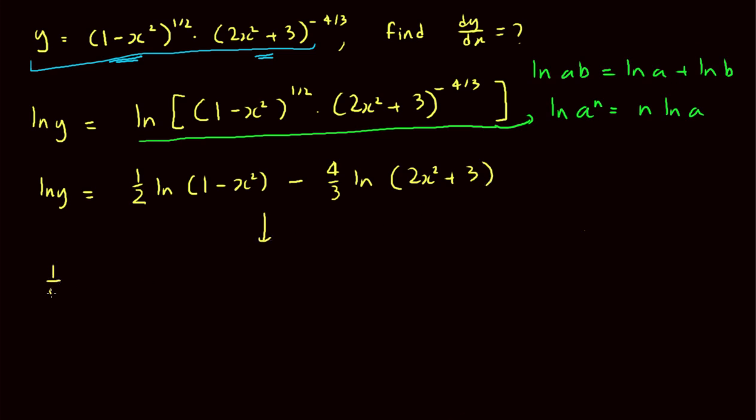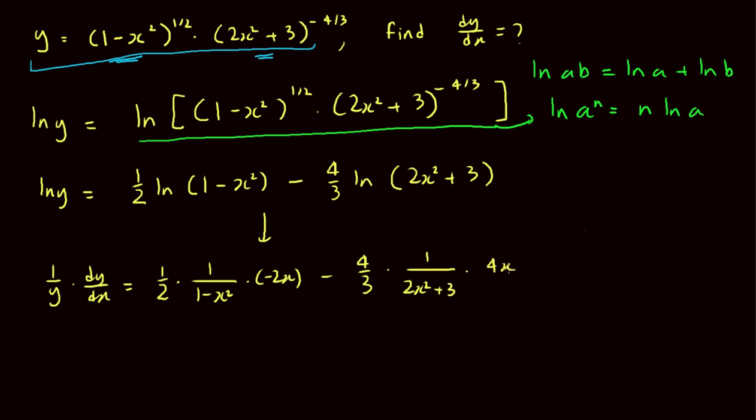Then we do the implicit differentiation. We get 1 over y times dy/dx equals half times 1 over (1 minus x squared) times negative 2x, minus 4 over 3, which is just the constant itself, times 1 over (2x squared plus 3) times 4x. Then dy/dx is simply y times the whole thing, and y we know is this function, multiplied with negative x over (1 minus x squared). How do we know it's negative x?